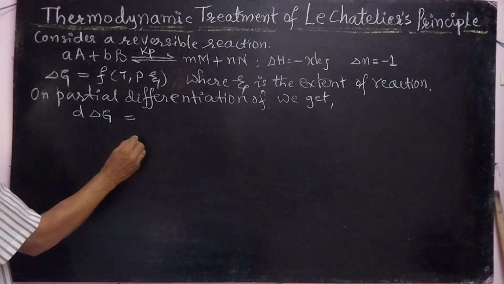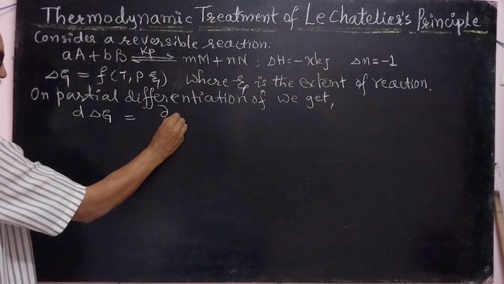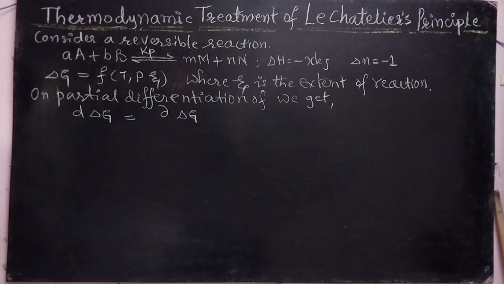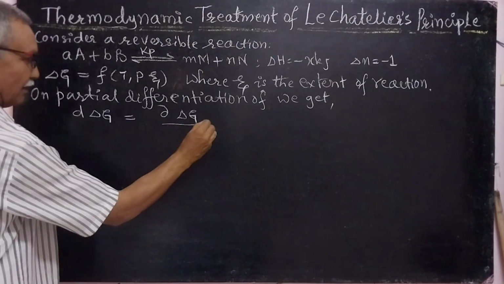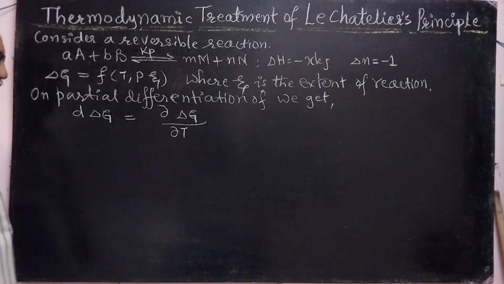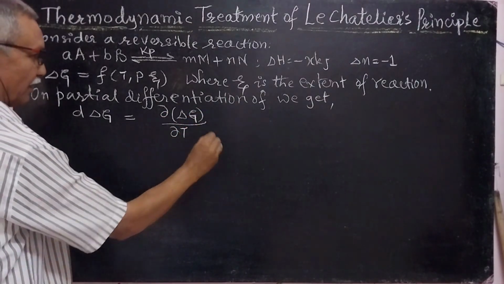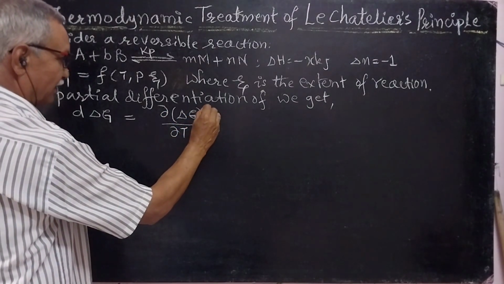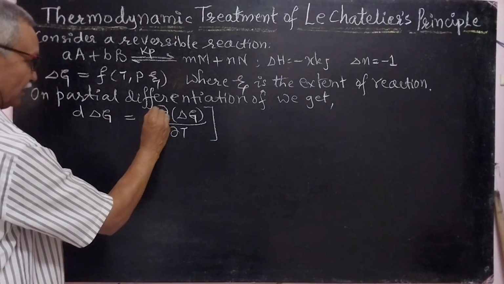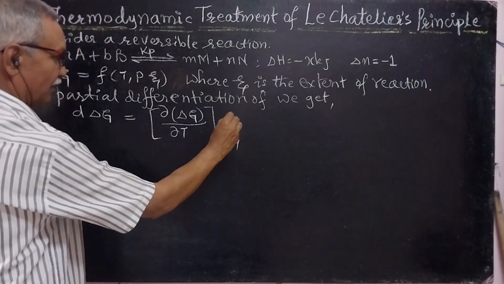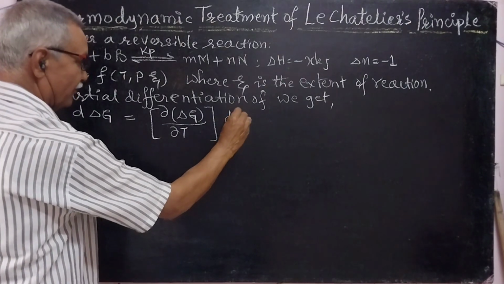Then dou by dou T of delta G at constant pressure and epsilon, into dT.